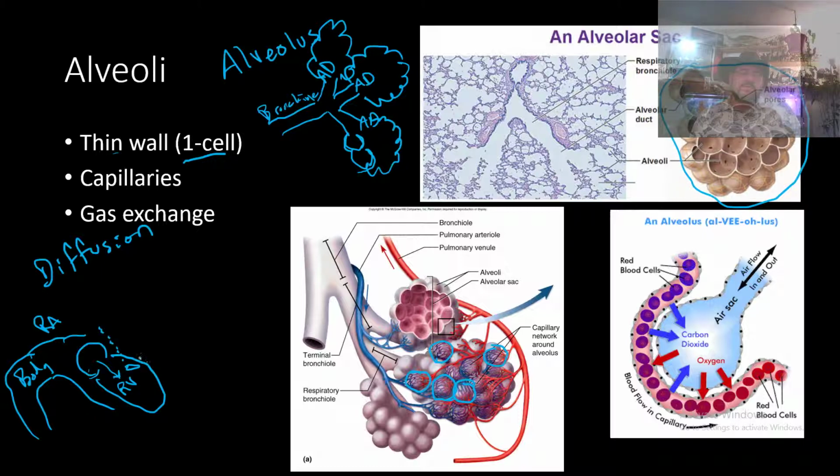And then from the right ventricle, it goes into the pulmonary arteries. And the pulmonary arteries are what take blood that is deoxygenated over to the lungs.